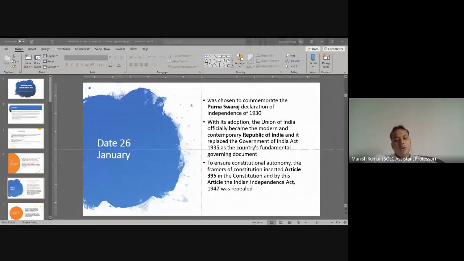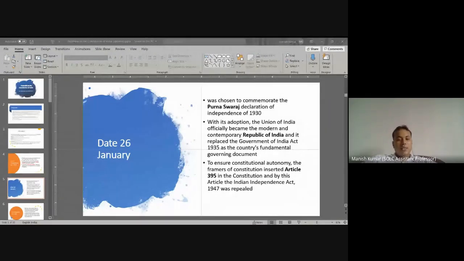To ensure constitutional autonomy, the framers of the Constitution inserted Article 395, and by this article the Indian Independence Act 1947 was repealed.